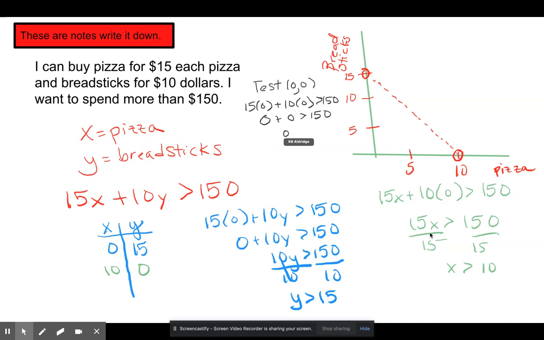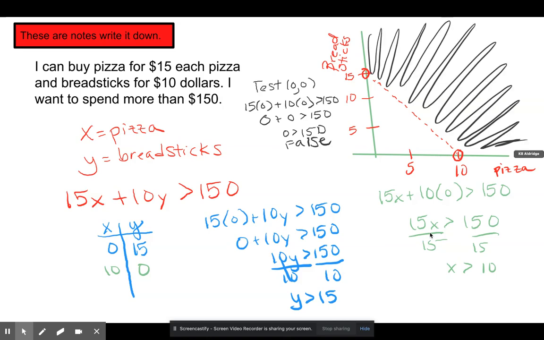Ooh, 0 is not greater than 150. So this is false. So we shade everything above. Take some time to copy this down if you need it. Push pause if needed.